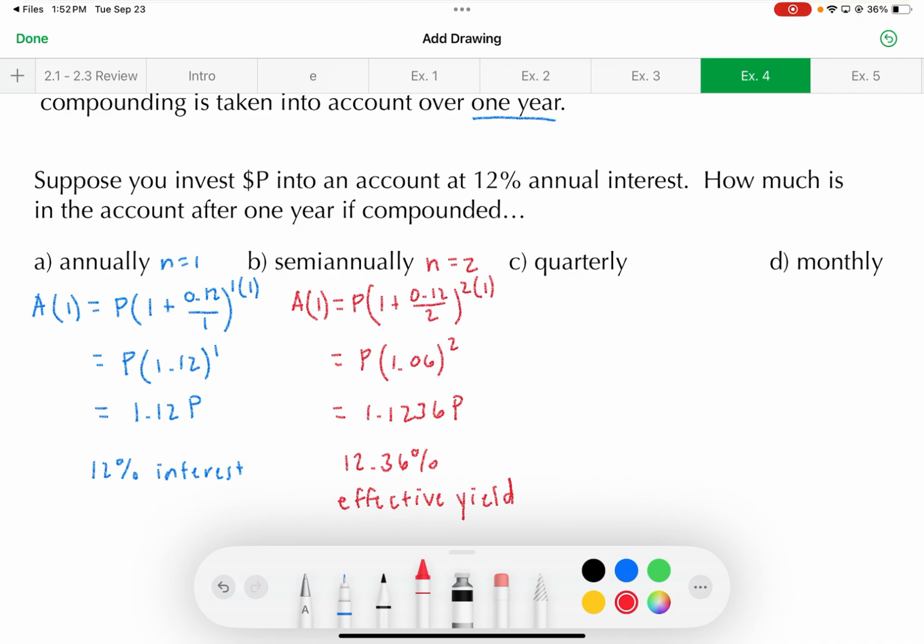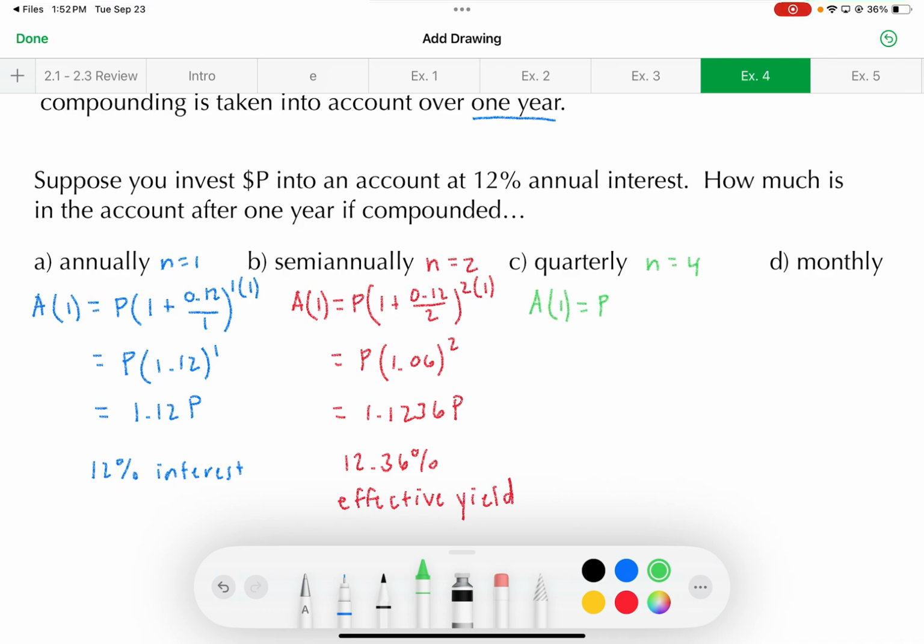All right, so we're saying that in order to get the same amount of interest in the semi-annual compounding scenario, I would have to use a 12.36% simple interest rate. Okay, that's what that means. All right, do it for quarterly. N is 4 here.